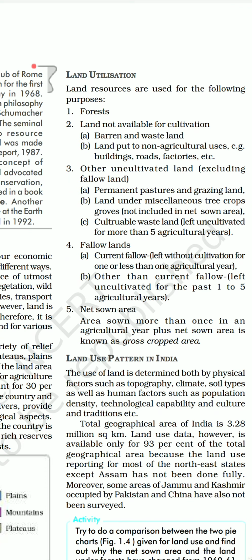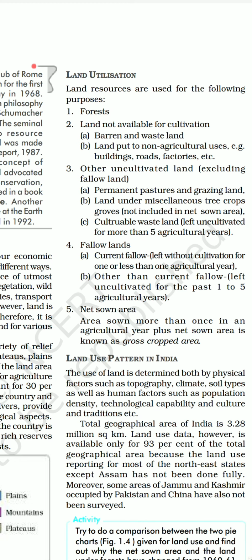Land not available for cultivation means land which we are not using for cultivation. Under this, it is divided into two: barren and waste land, and land put to non-agricultural uses. Land put to non-agricultural uses means lands which we use to construct buildings, roads, factories and so on. Then other cultivated land, excluding the fallow land, includes permanent pastures, grazing land, and so on.